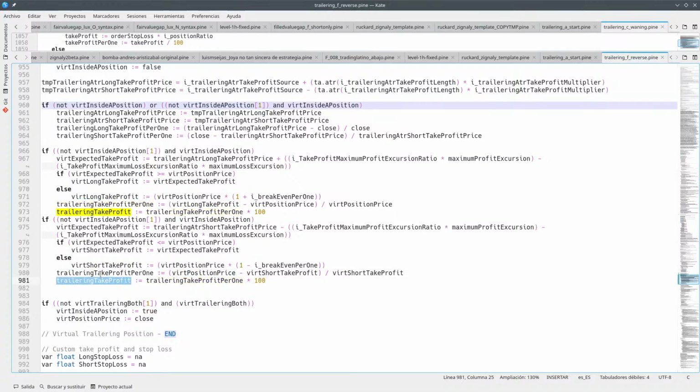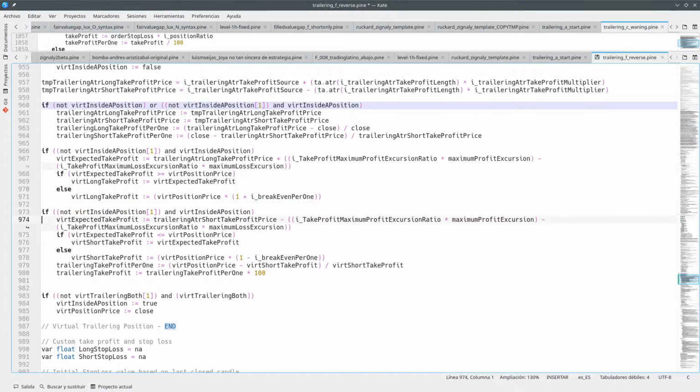No, because we are not going to use it. It's either one or the other one. And we only want the price. So I think we don't need this. And we don't need this.